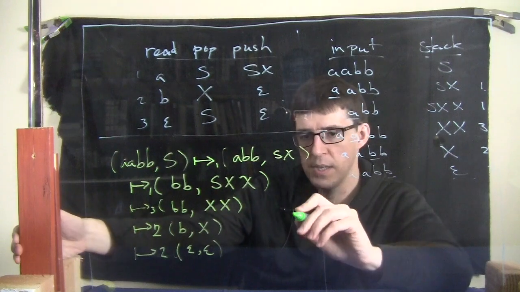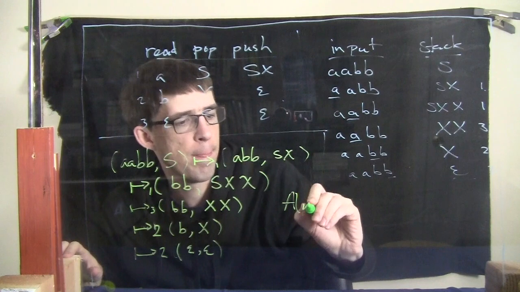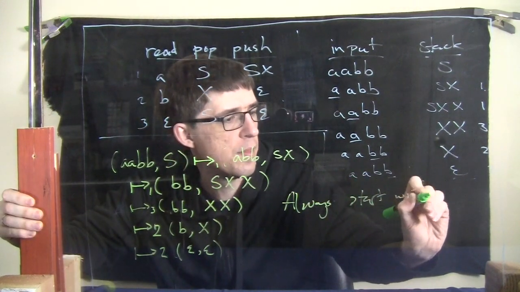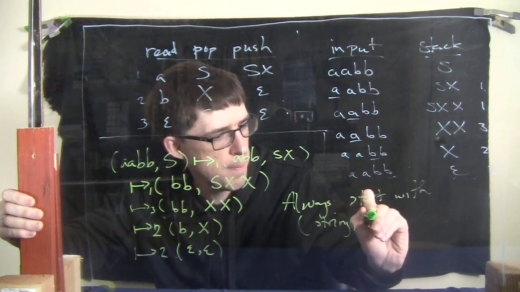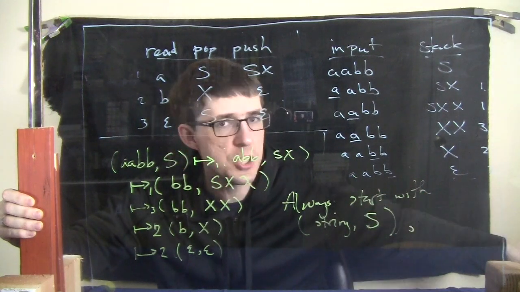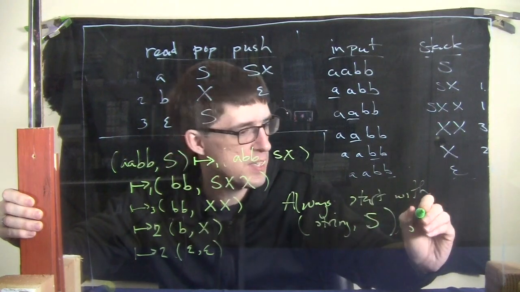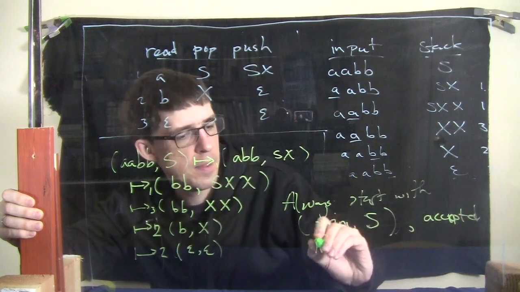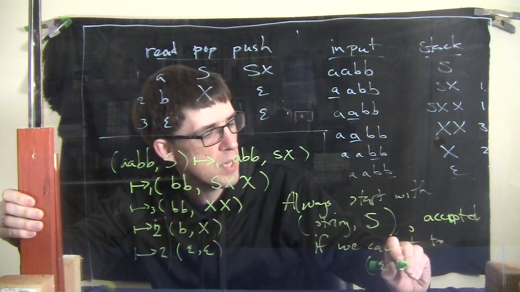What's nice about this is we always start with your string here, comma S, and to actually be accepted, we need to get to epsilon, comma, epsilon.